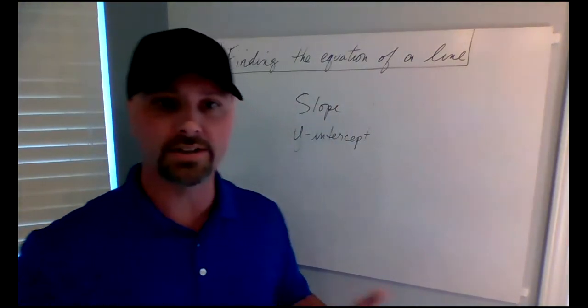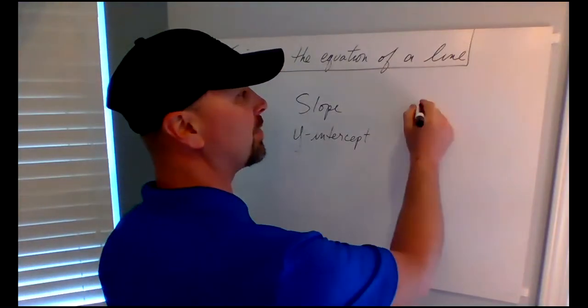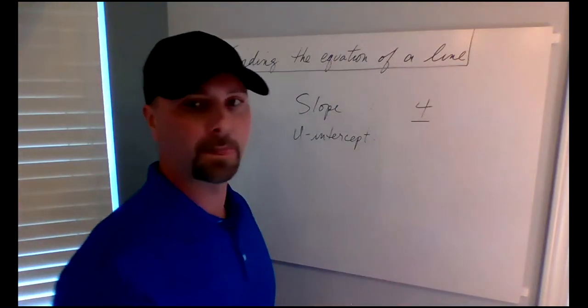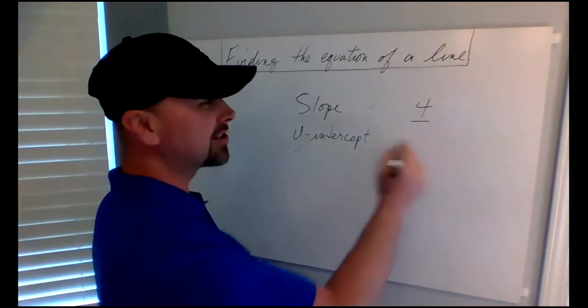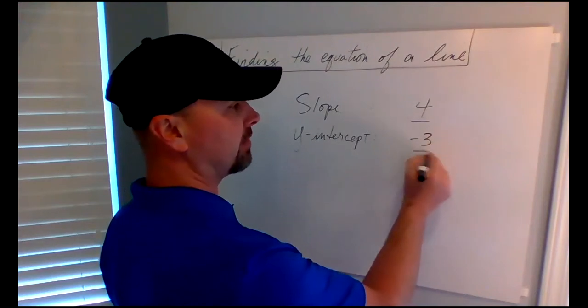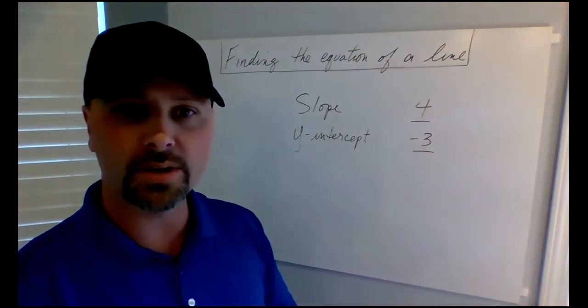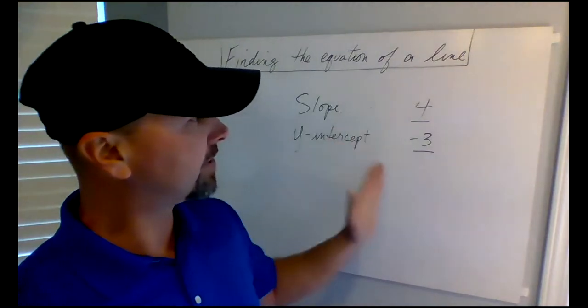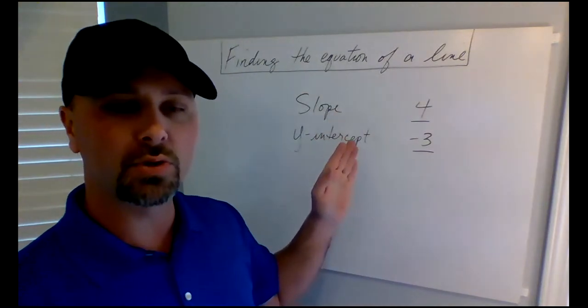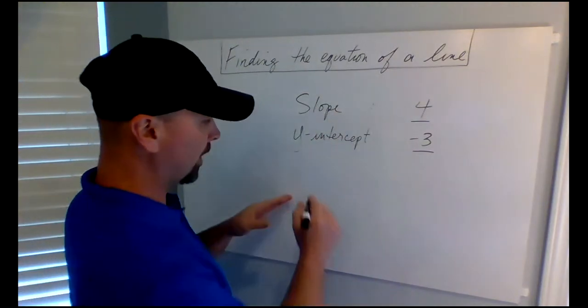Before we even look at a line, let's say a line has a slope of 4 and the y-intercept is -3. All we have to do is take those parts and put them back into our slope-intercept form.